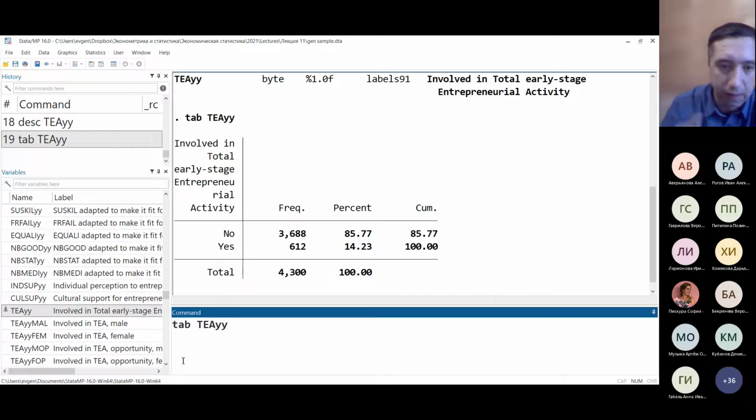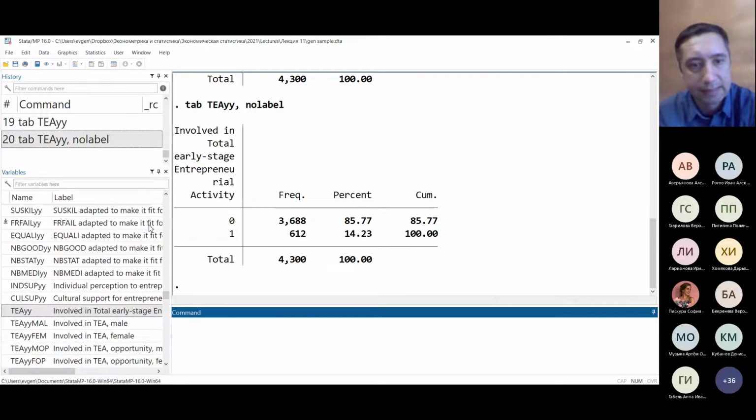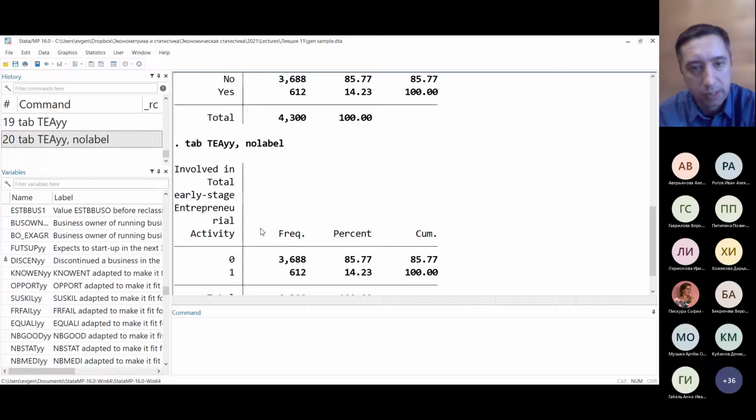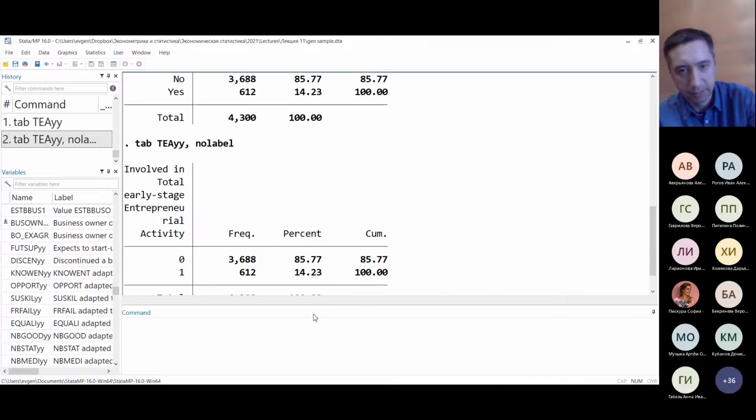For instance, if you add the option nolabel, you will see that instead of yes and no, Stata shows 0 and 1. It shows that, in fact, it is a binary variable.